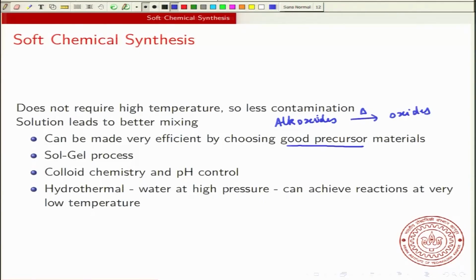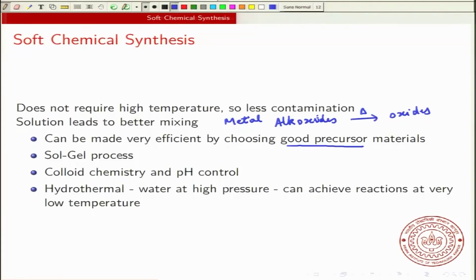So you start with an alkoxide of whichever metal you have, you heat it, and you get oxides. This is one very simple example of using a good precursor material, and you do not have to heat to very high temperatures to get your oxide.